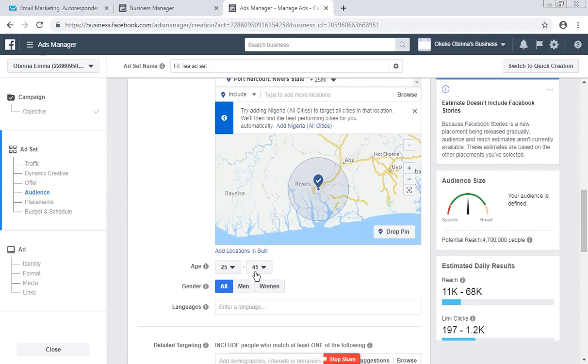Depending on the product I sell, there are products I sell, I target to 65 and above. I'm not saying whenever you want to run a Facebook advert, it must be between 25 to 45. No. I'm only saying you have to understand your audience so that you target them properly.